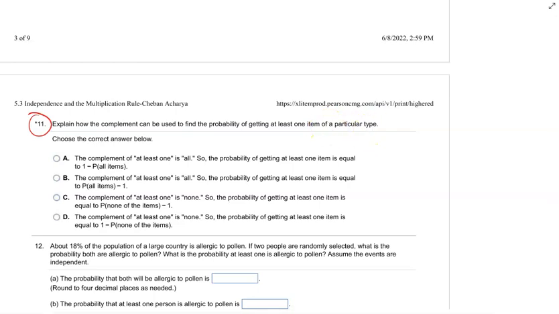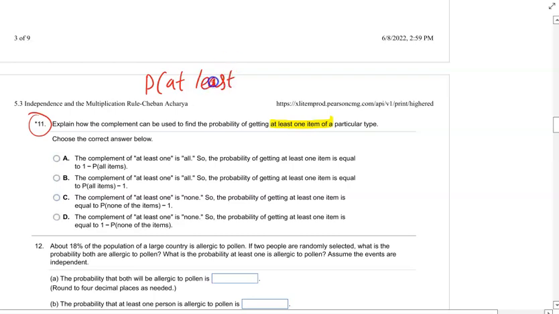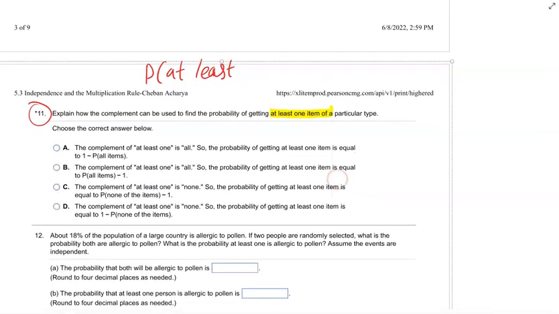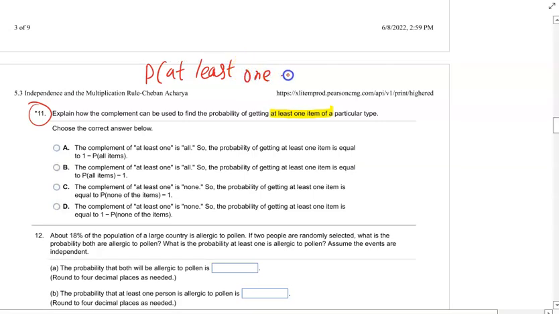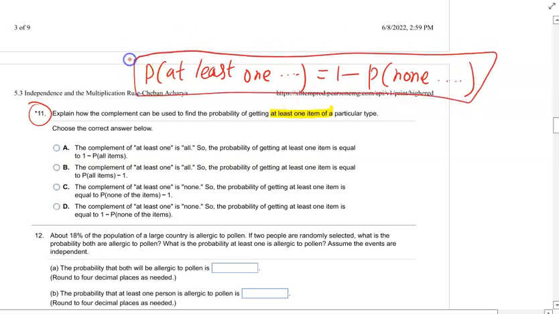Here we're looking for probability of at least one item. Whatever item it is, it is going to be 1 minus probability of non-item. Okay, that's the formula.